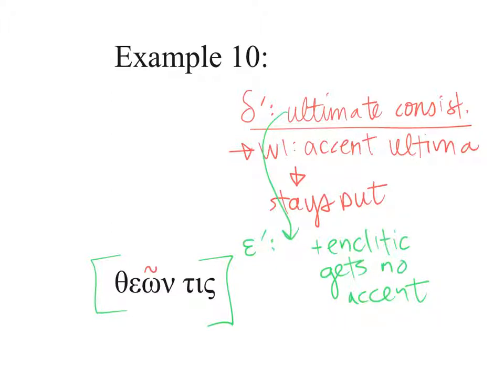Thanks for tuning in to this video tutorial about accenting enclitics. This has been sort of the basics round. And this will provide you with pretty much everything you need to know for general use of enclitics and accents, but we haven't talked about some of the finer points of detail, and that's fine.